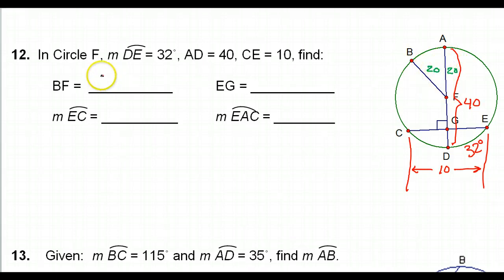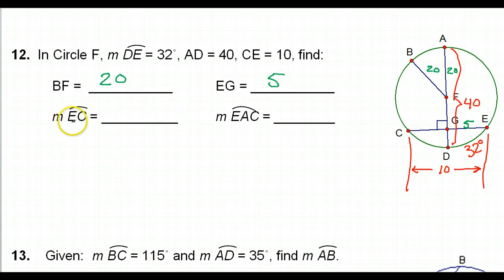So BF is going to be 20. EG is half of this chord. So since CE, the whole thing is 10, then that means that EG here is going to be 5.